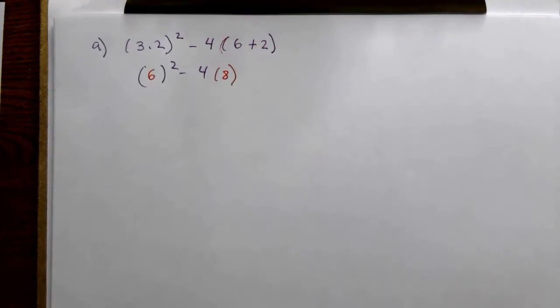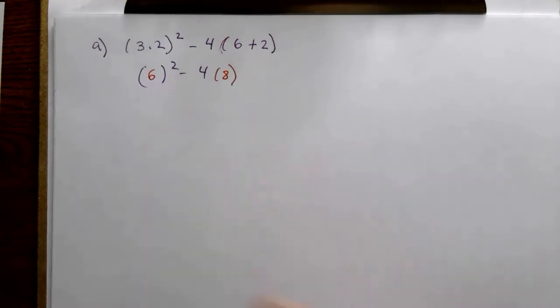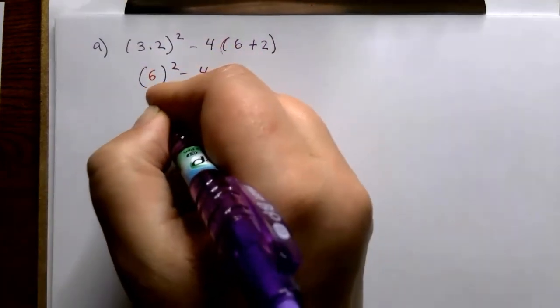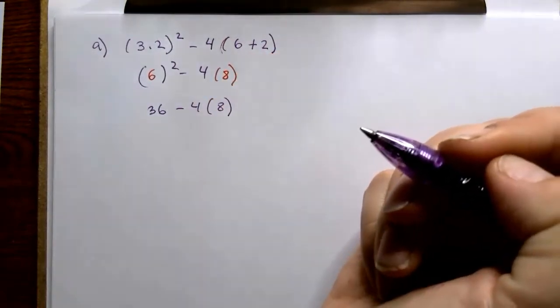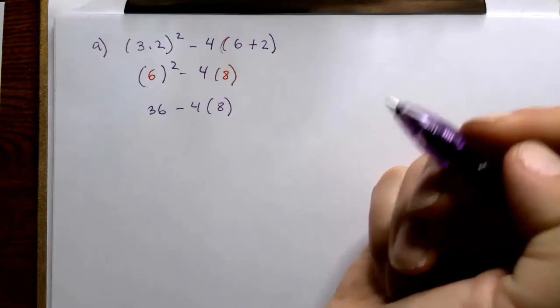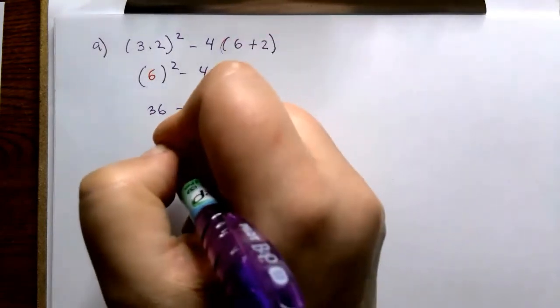The second step, take care of exponents and radicals. Well, we don't have radicals, but we do have an exponent. We have 6 squared. That will give us 36. And we copy the rest. Next, multiplication or division. No division, but we do have multiplication, 4 times 8.